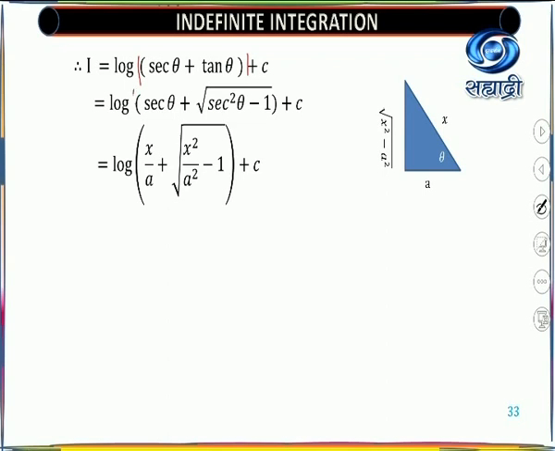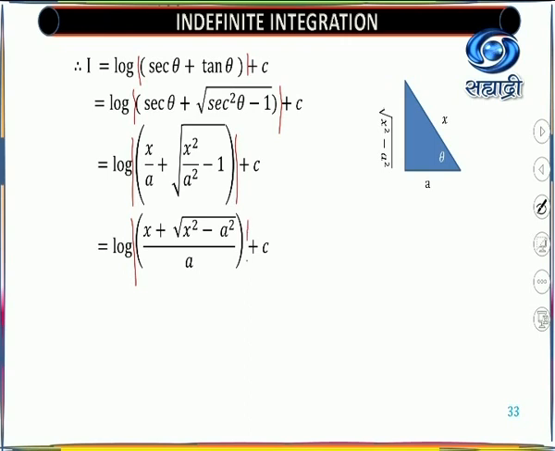And here if you substitute the value for sec theta, x upon a plus root of x square upon a square minus 1, by simplification you get x plus root of x square minus a square upon a plus constant of integration.